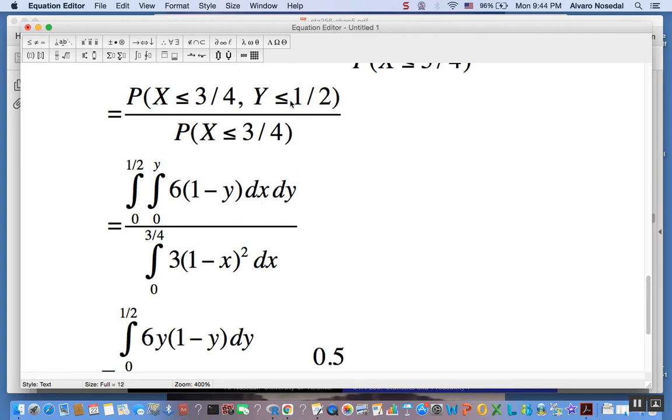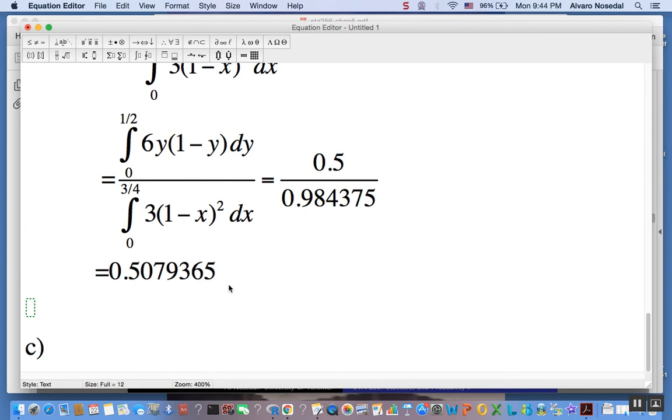You could have done it the other way around. Try and do that. If you're careful and you integrate with respect to y and then with respect to x, you should end up with the same answer. That's a theorem from calc. I believe that's Fubini's theorem. Anyway, let's keep going.